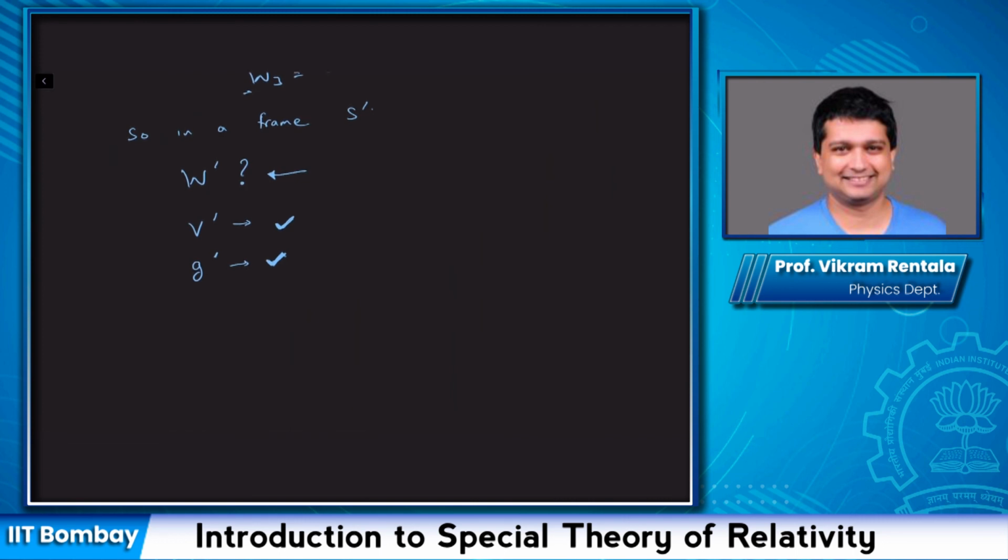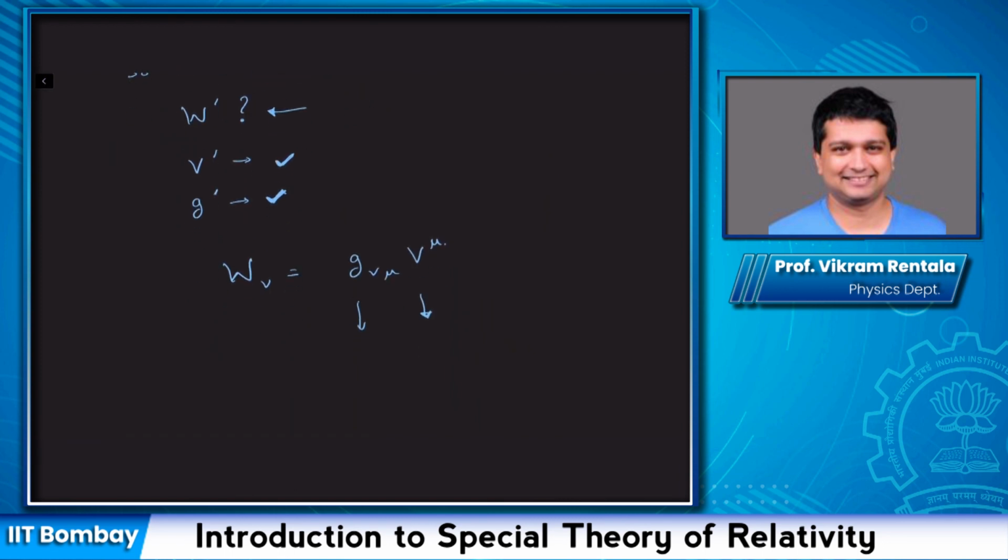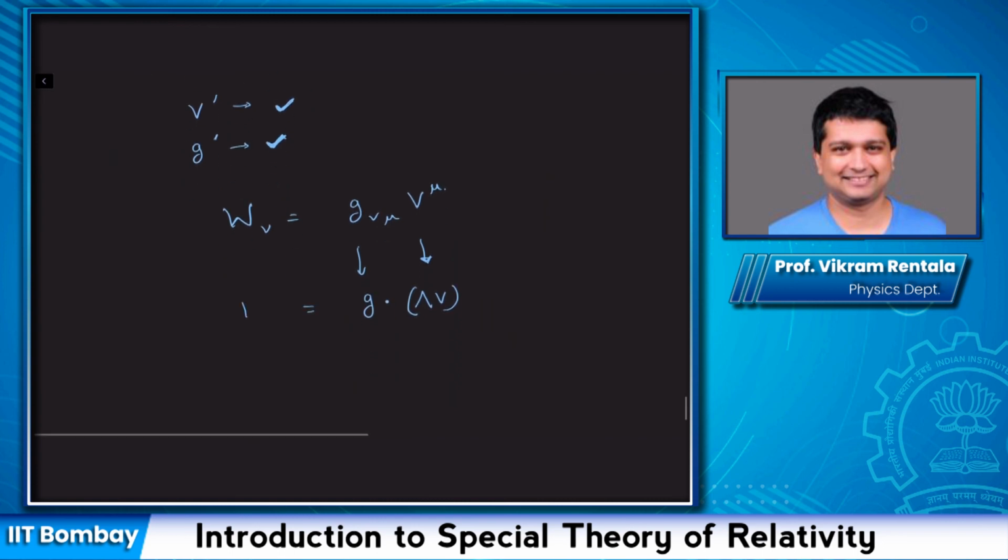So we had W nu is G nu mu V mu. Now if we make a transformation, let's transform both G and V. So in matrix notation, V would become lambda V and G would just become G. And this would give us our W prime.